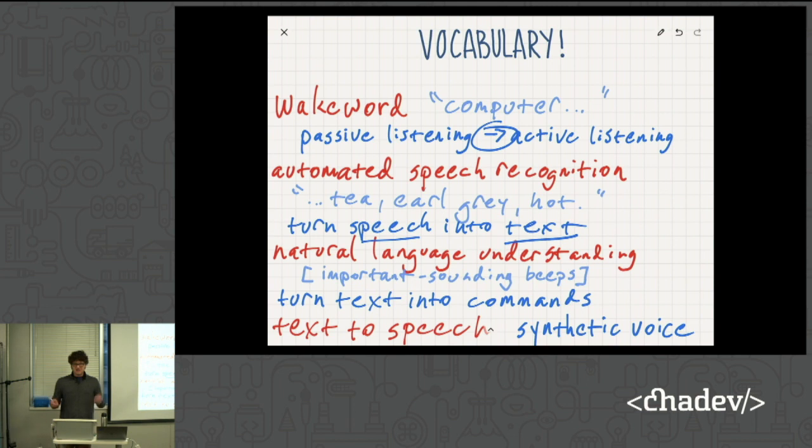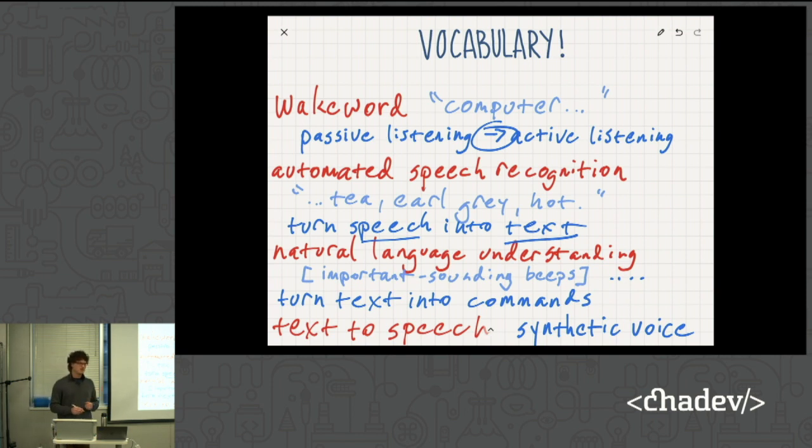When Captain Picard says, tea, Earl Grey, hot, how does the computer respond? Some important beeps and boops, I guess, from the replicator, and then magic happens, and the tea comes out. So NLU, natural language understanding, turns text into computer understandable commands.